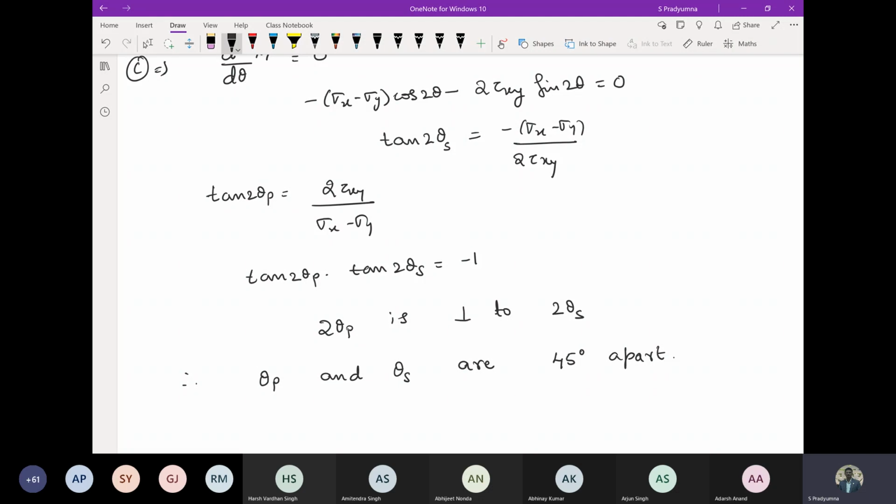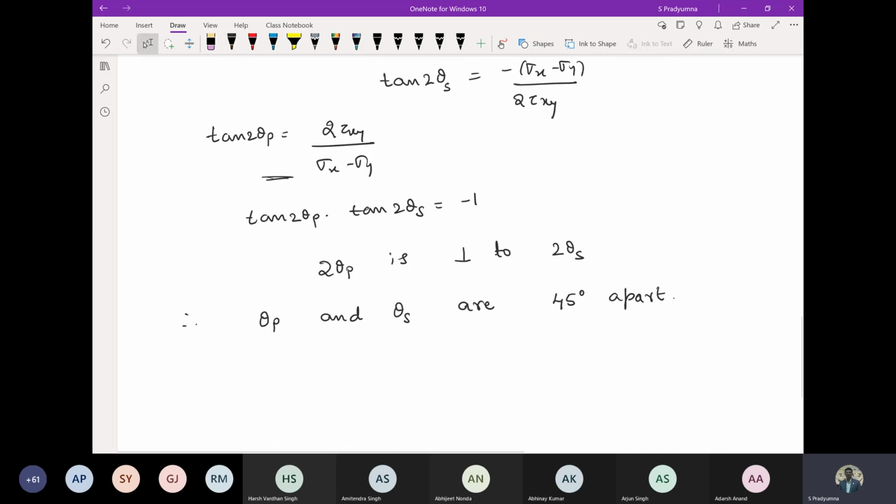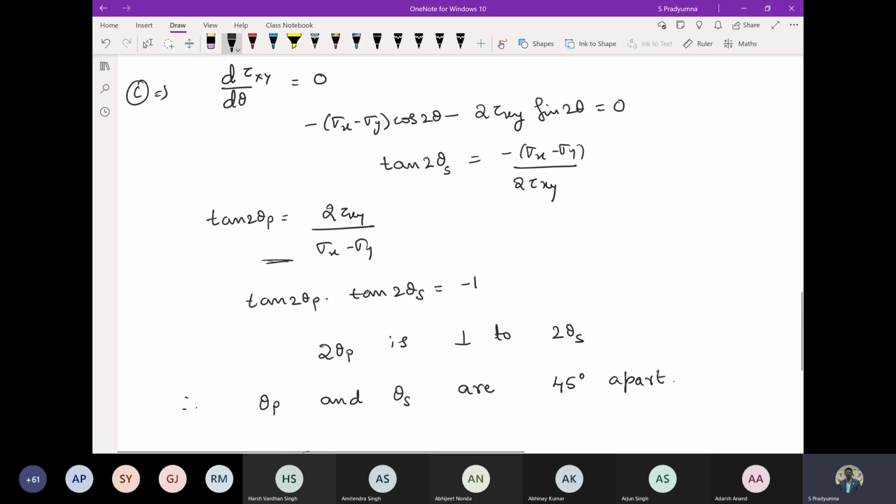I can also, by substituting tan 2 theta p, say that tau xy will become 0. And then I can also find out the value of tau max or tau minimum by substituting the values, since tan 2 theta s is known.